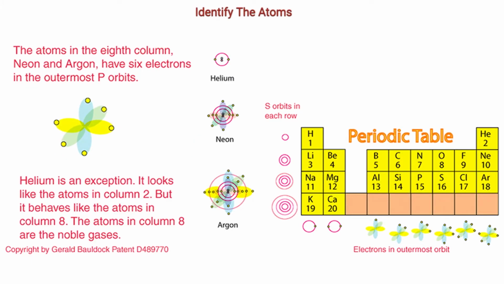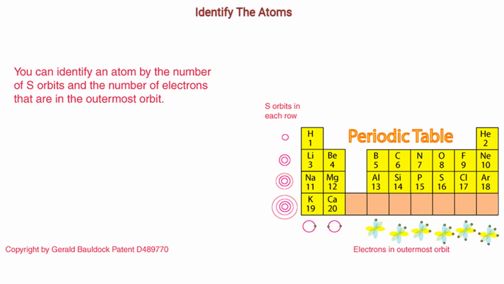The atoms in the eighth column, neon and argon, have six electrons in the outermost p orbitals. Helium is an exception to the rule because it is a noble gas. You can identify an atom by the number of s orbitals and the number of electrons that are in the outermost orbitals.